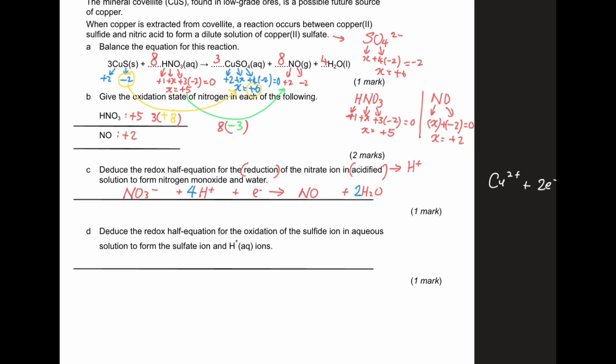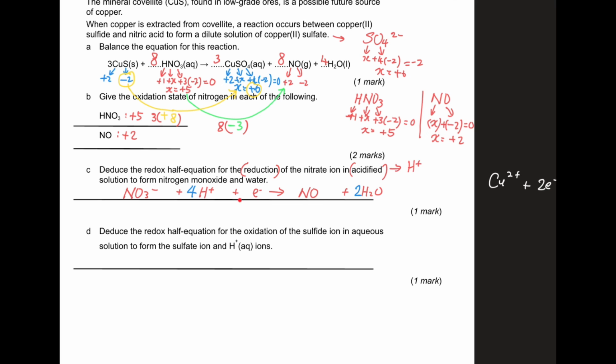Now I check the charge to find out how many electrons I need here. Obviously I have no charge on the right hand side. And on the left, let's see, we have minus 1 plus 4 is positive 3. Positive 3 has to minus 3 to get 0, because right hand side is 0.